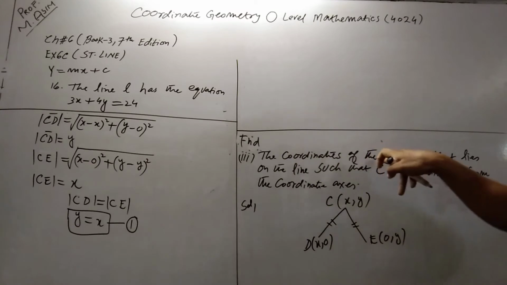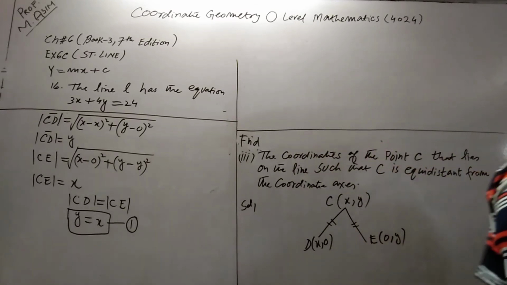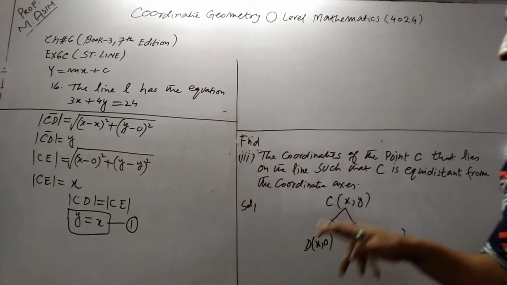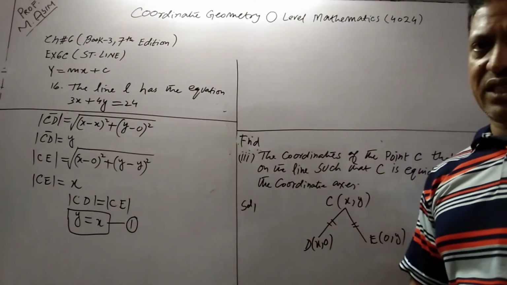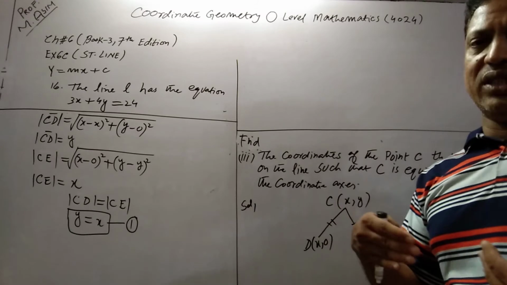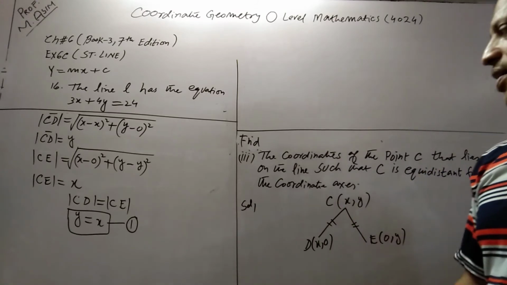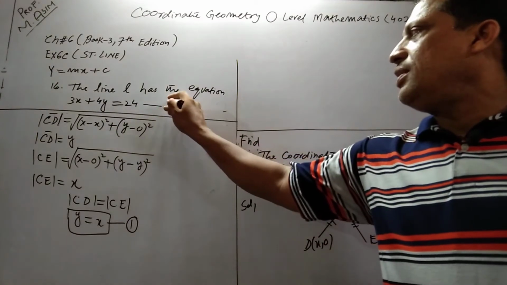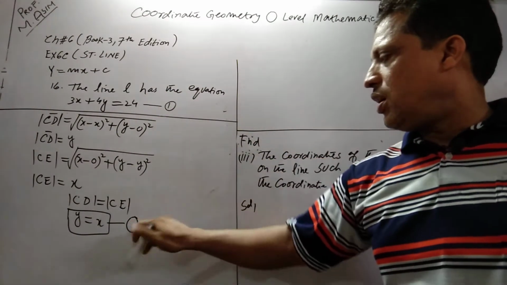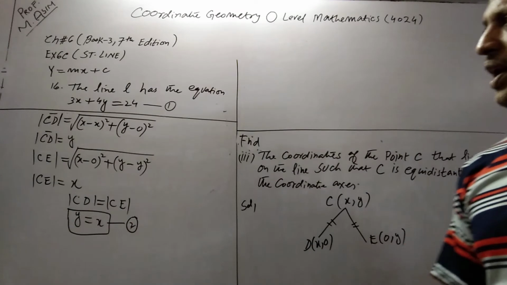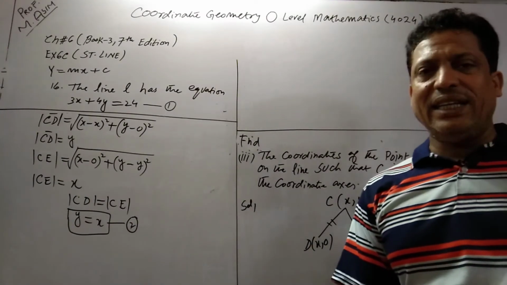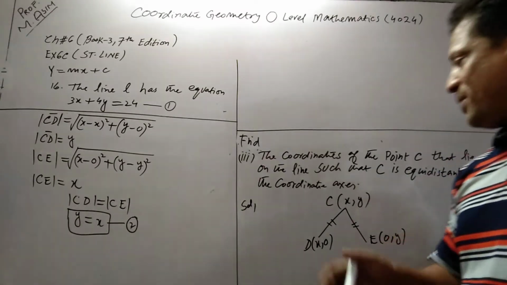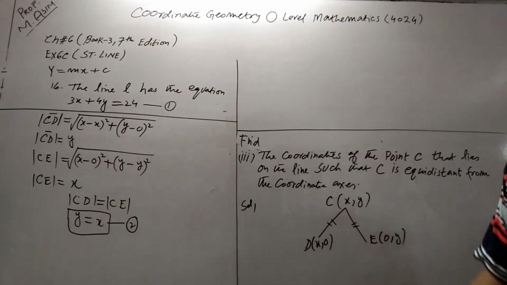The coordinates of the point C that lies on the line. This is the line L. So C lies on this line means both the lines cross each other. It means if we solve equation number 1 and 2 simultaneously, the values of x and y represent the coordinates of C.